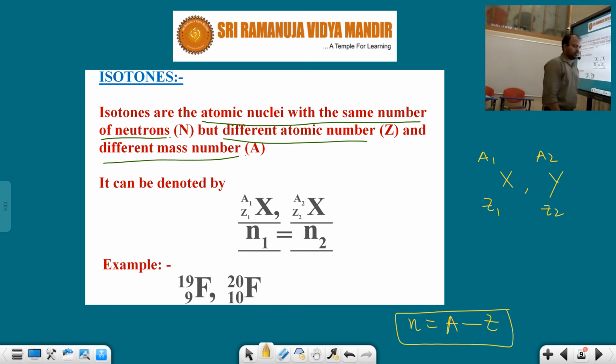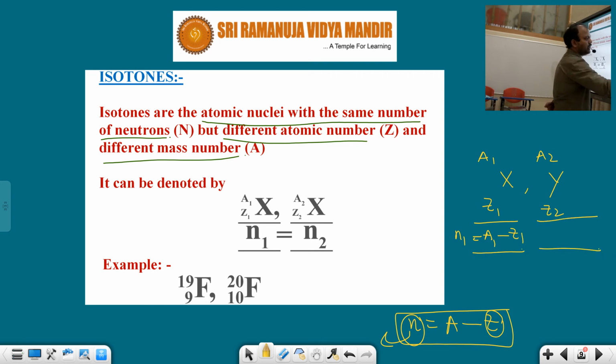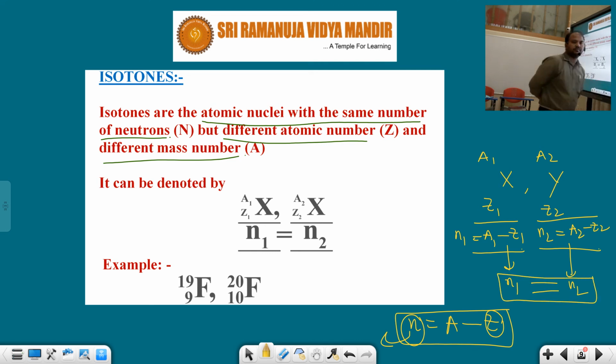Find the neutrons for the first element: mass number minus atomic number. For the second element, calculate the neutron number the same way. This value is n1, this value is n2, and if you calculate, both have the same number of neutrons.